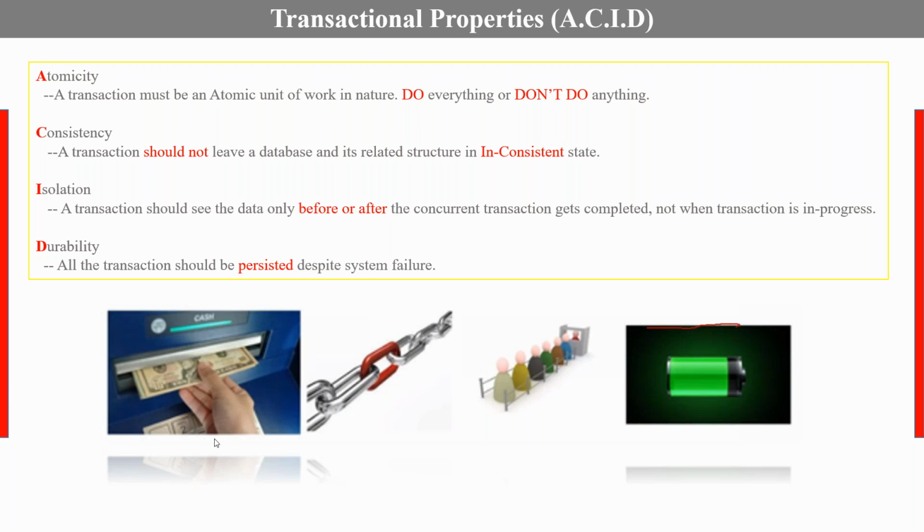The best example is the ATM machine. Sometimes, if something happens in the backend server when you are withdrawing 5,000 or 10,000, the amount is debited from your account, but you do not get any amount from the ATM machine.